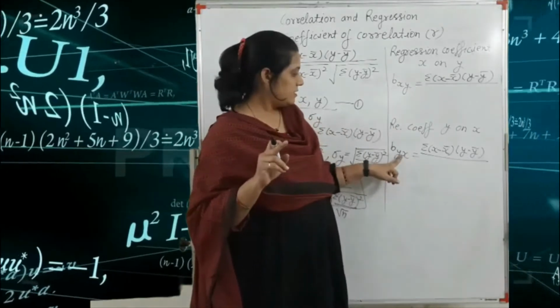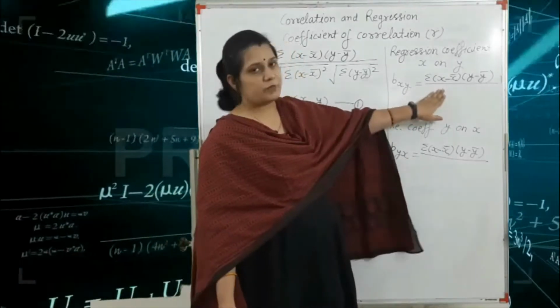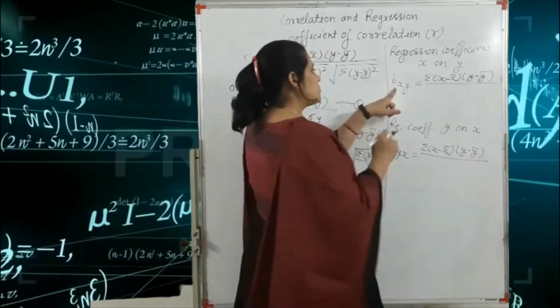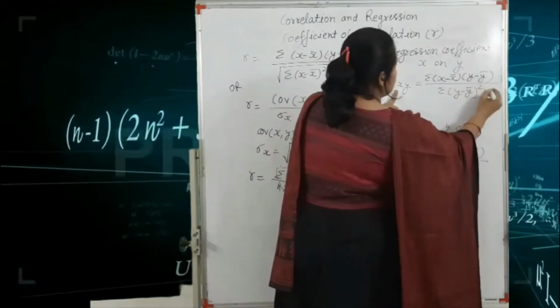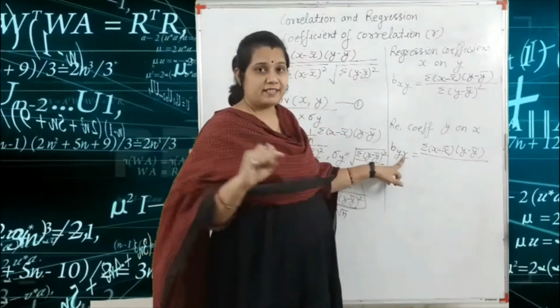For byx the first variable is y and the second variable is x. So in the denominator we write summation (y minus y bar) whole square, and here we write the last variable, the right side variable, x.